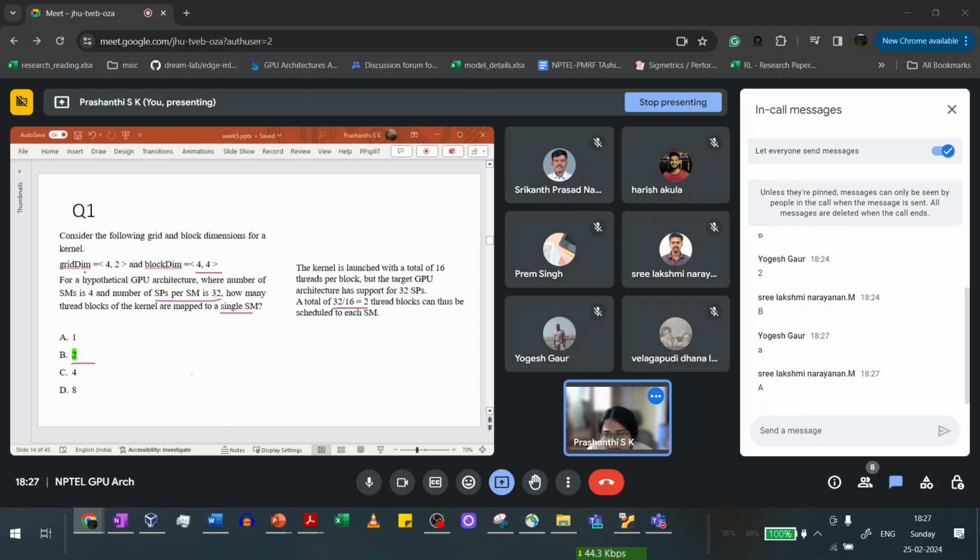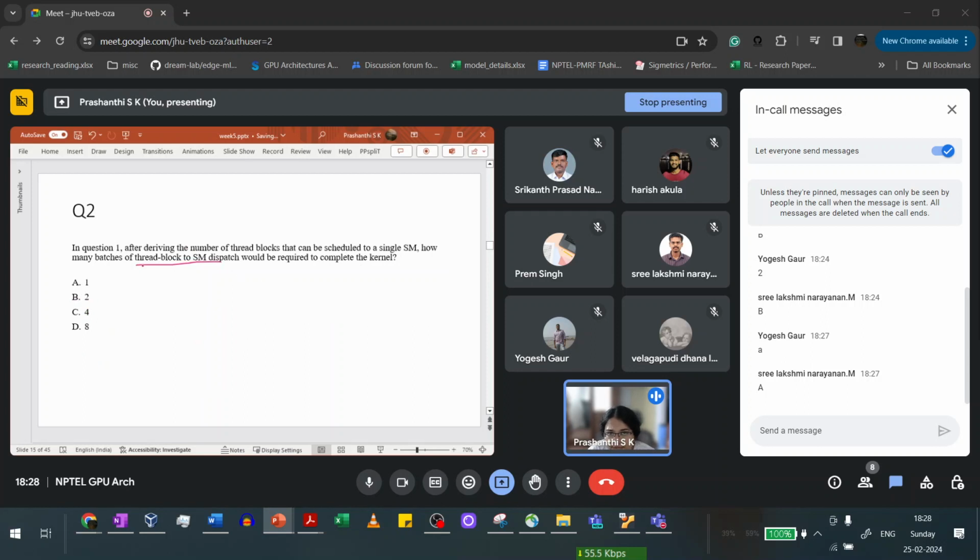So here are the details of the kernel, 4, 2 and 4, 4. Number of SMs is 4, SPs per SM is 32. Now this question is asking you how many batches of thread block to SM dispatch would be needed.